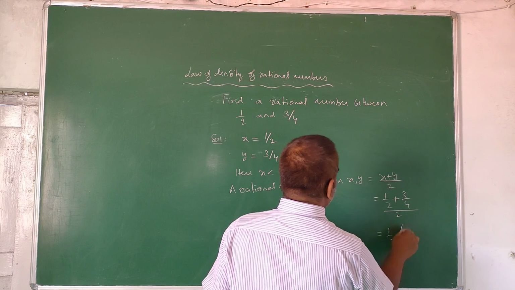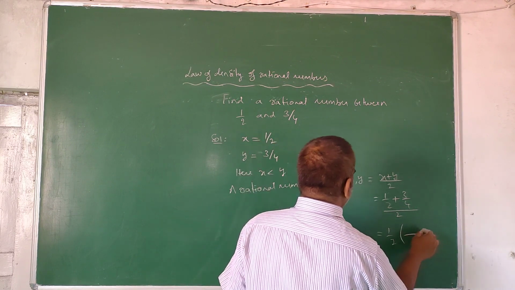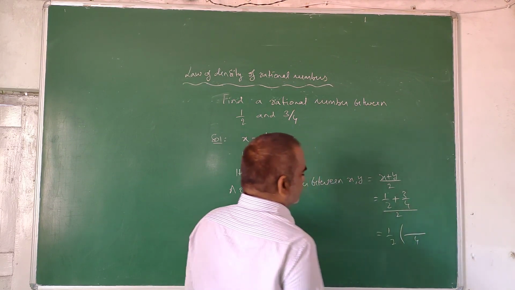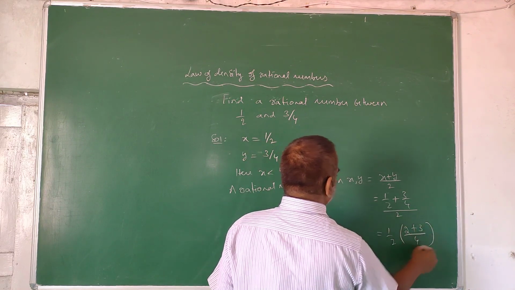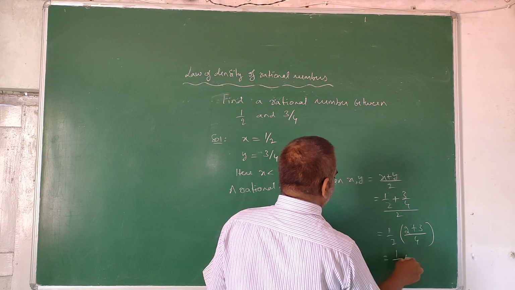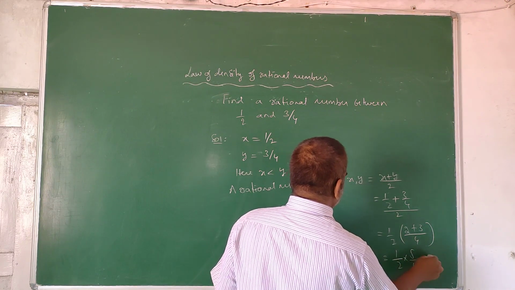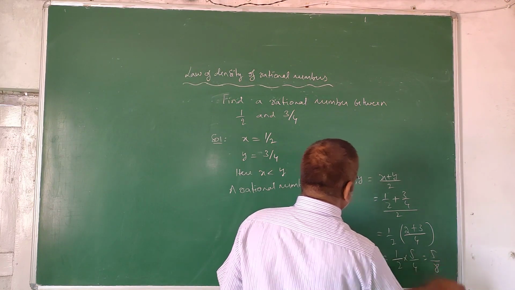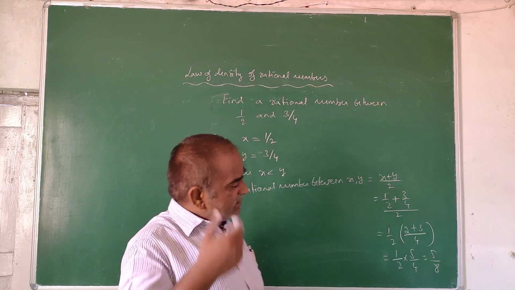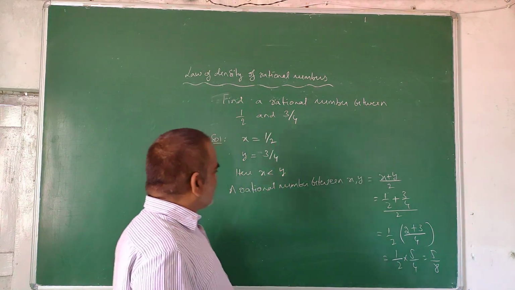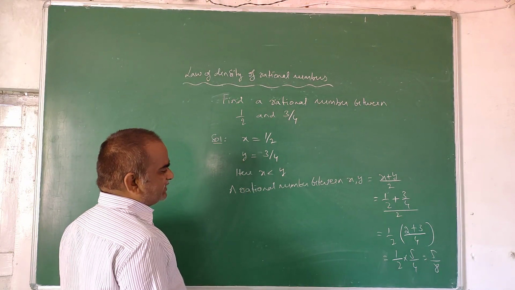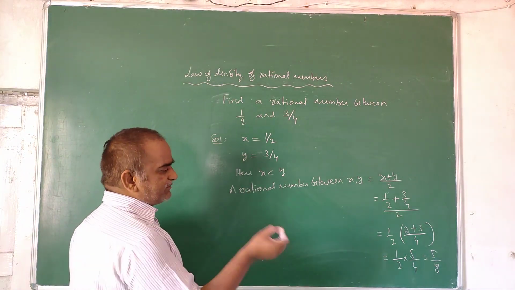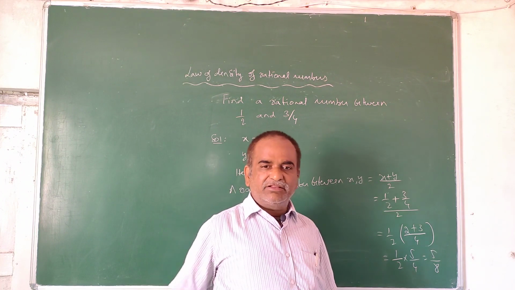Taking LCM 4, we get (2 plus 3) by 4, so it is 1 by 2 into 5 by 4, which is equal to 5 by 8. So 5 by 8 is a rational number lying between 1 by 2 and 3 by 4. So 5 by 8 is the required answer.